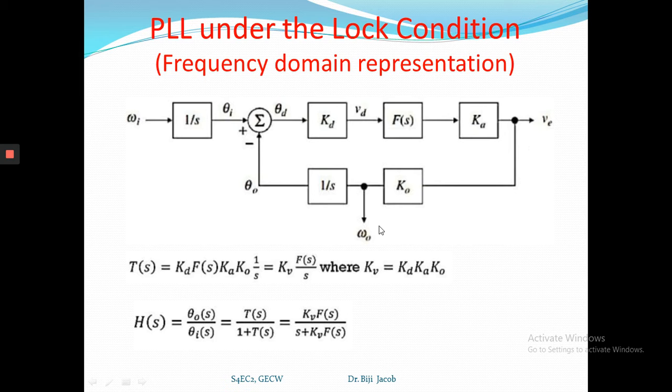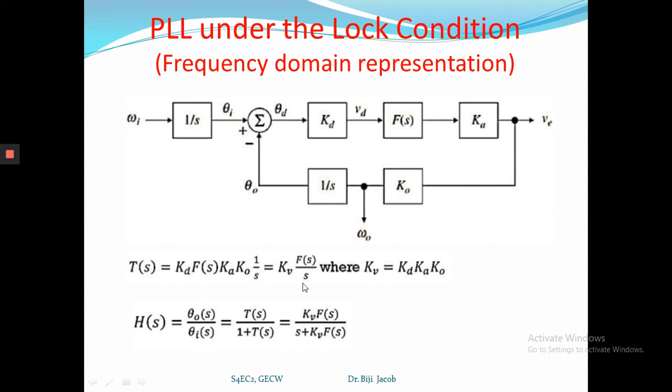If you break this feedback loop and find the forward loop gain, the forward loop transfer function will be KD into F of s into Ka into K0 into 1 by s.